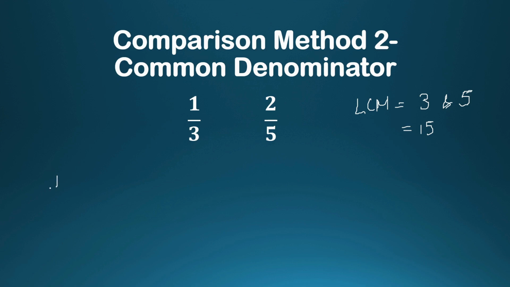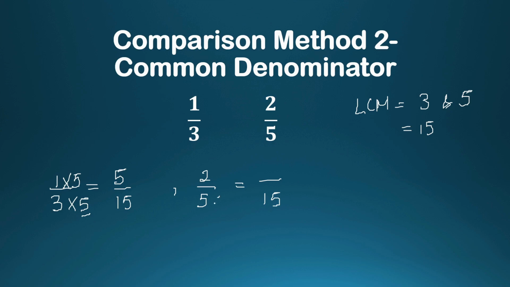Now I have to convert the fraction 1/3 to an equivalent fraction having a denominator of 15. So what times 3 makes it 15? 3 times 5 makes it 15. So the same number needs to be multiplied with the numerator also and it becomes 5/15. We do the same thing with the second fraction, 2/5, converting it to a denominator of 15.